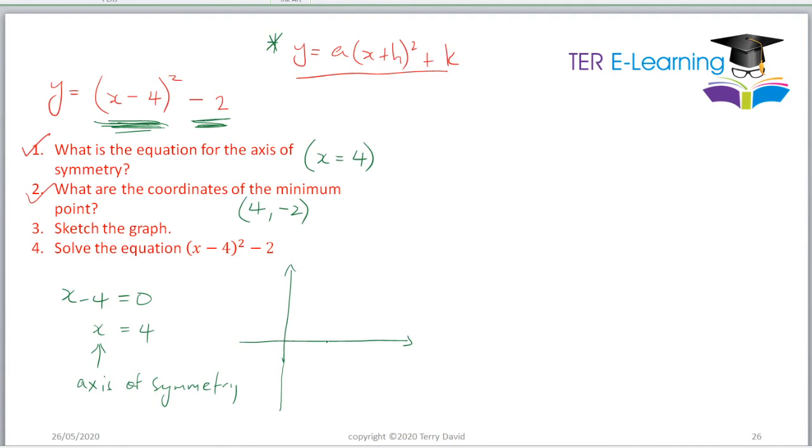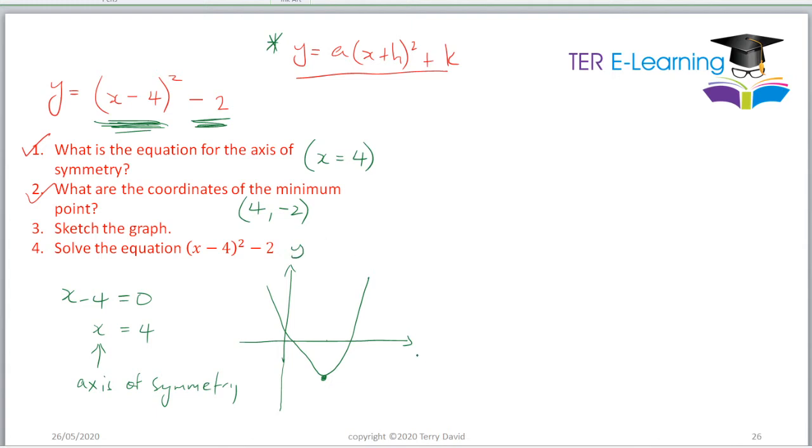My minimum point is (4, -2). So therefore, it's going to be something like this. This is a quick sketch. My curve is going to look something like this.